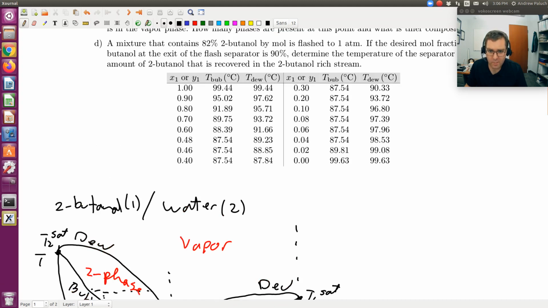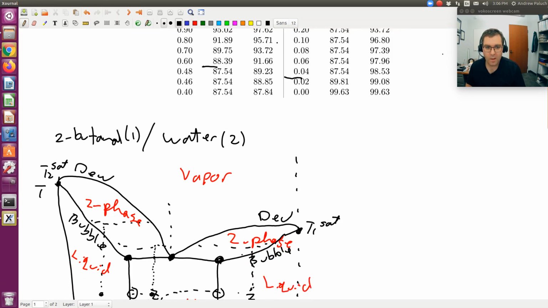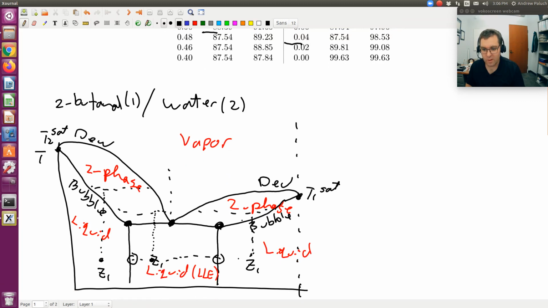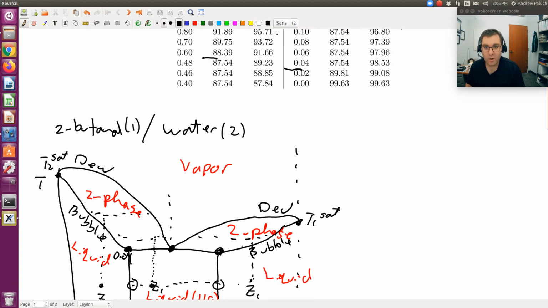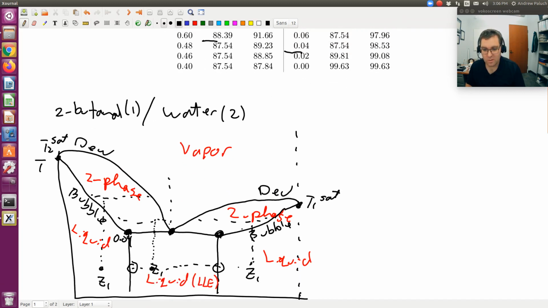If I look at T bubble, I see the temperature is constant from here to here, so this corresponds to the flat region of my bubble line. If I label these mutual solubilities, this would be 0.04, a good reference point 1. Reference point 2 is 0.48.